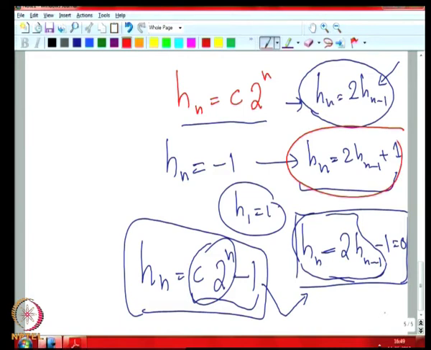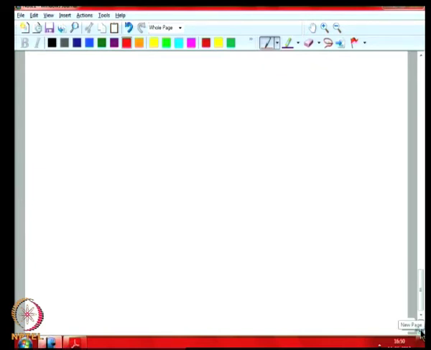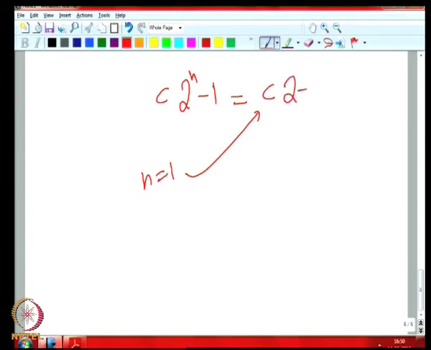So, now there is a constant C here which we can decide the way we want, that means C times 2 raised to n minus 1. Suppose we put n equal to 1, then this will become C times 2 minus 1.